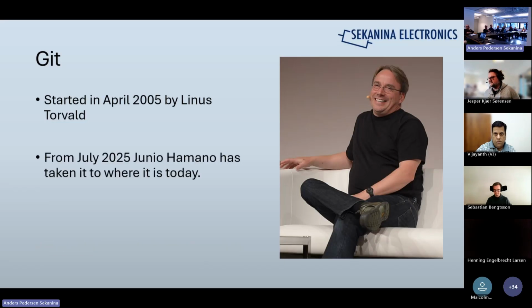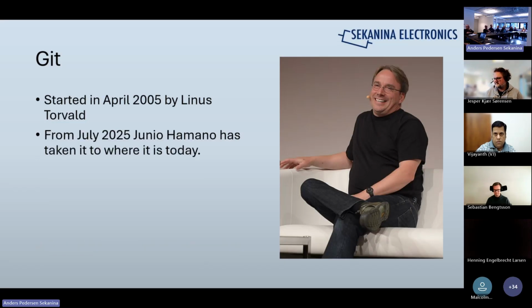He is the founder of Git, and it started in July 2005, and until now it's actually Junio Hamano who has developed it and taken care of it. Just a little note that it's coming from our region.